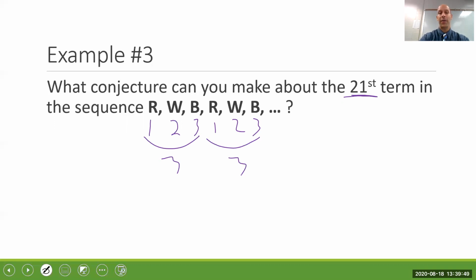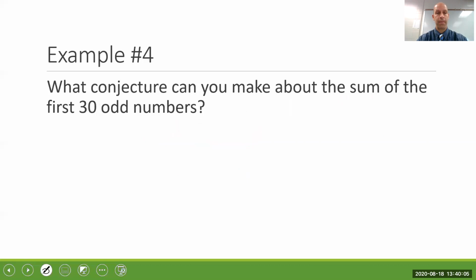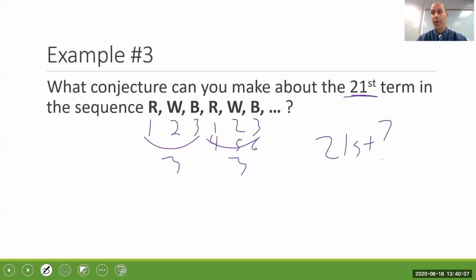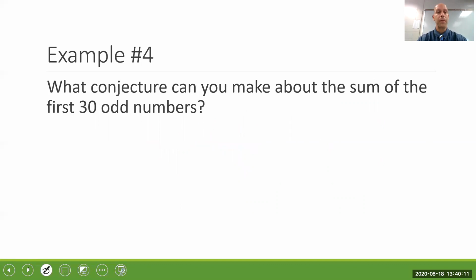If this is the first, second, third, this would be the fourth one, right? Fifth, sixth. What do you think the 21st term would be? Would it be R, W, or B? I'm going to leave that one for you to decide. You could just list them all out to find out if you really want to know if you're right.